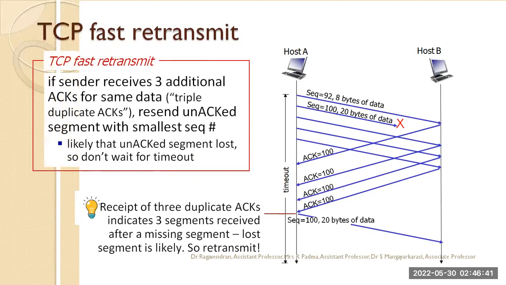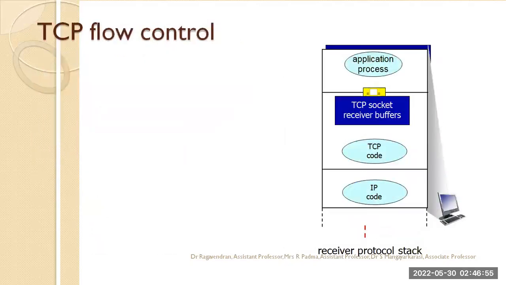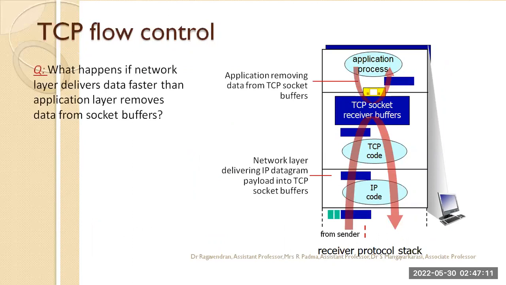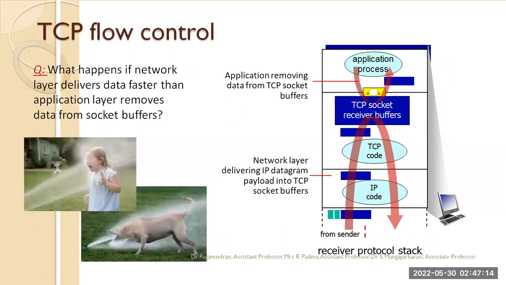If the sender receives 3 additional acknowledgements for the same data, a triple duplicate acknowledgement, it resends the unacknowledged segment with the smallest sequence number. Likewise, the segment is assumed lost. So in the TCP protocol, application layer, TCP socket, receive buffers, TCP code, IP code. Okay, so the information is sent through the application layer, and it has to travel to the layers below.